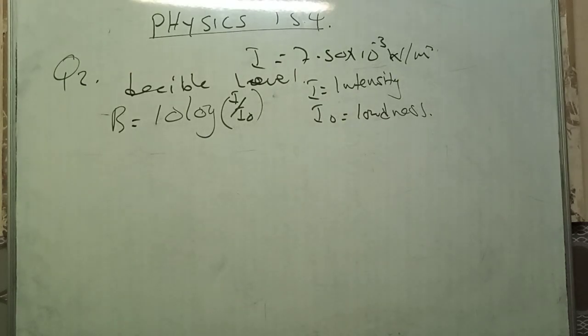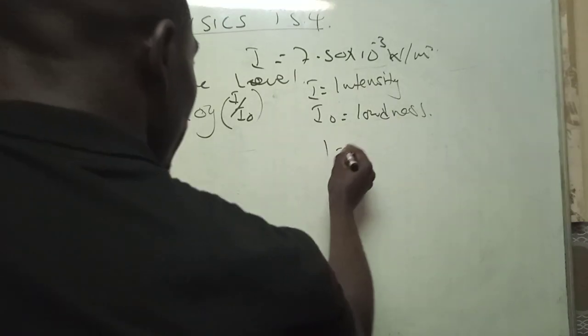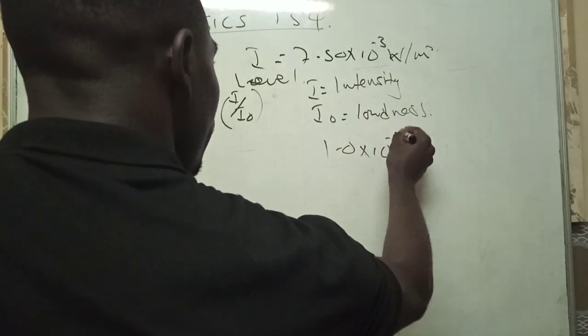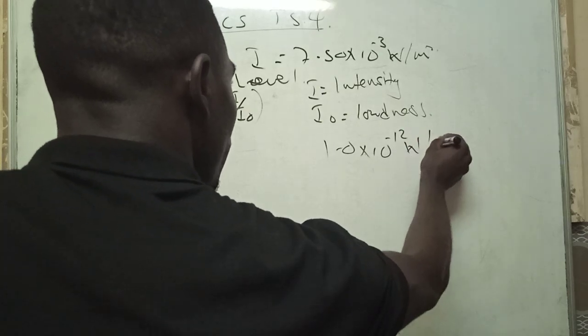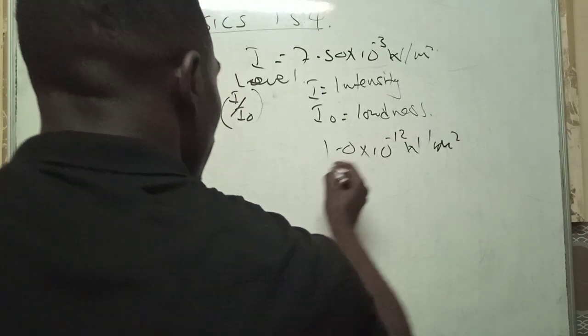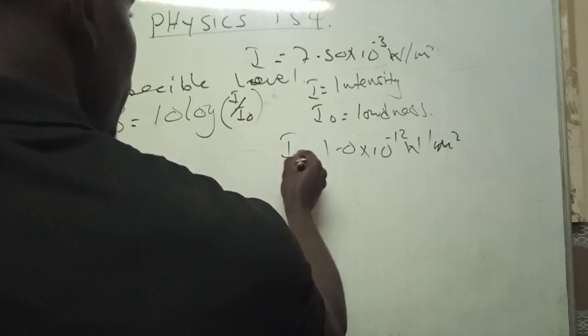So now we need to understand one thing. The intensity of loudness which someone can hear is just a constant. It is 1.0 times 10 to the power negative 12 watts per meter squared. So that is our I0.